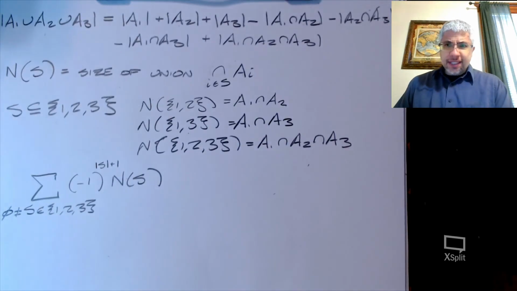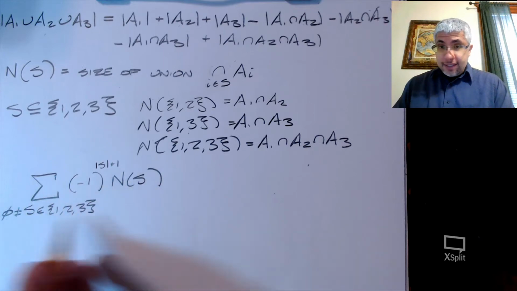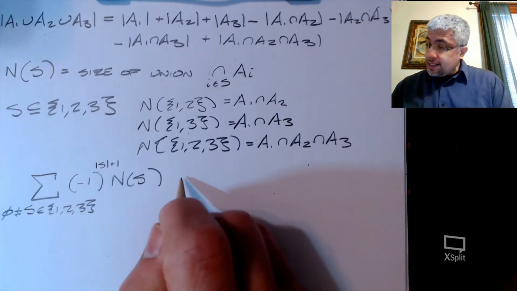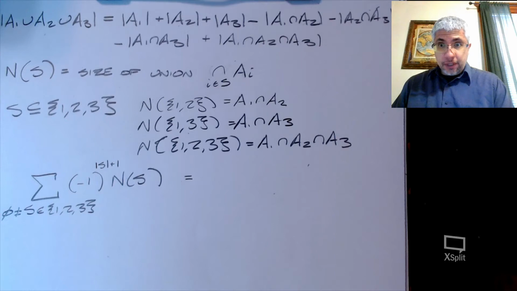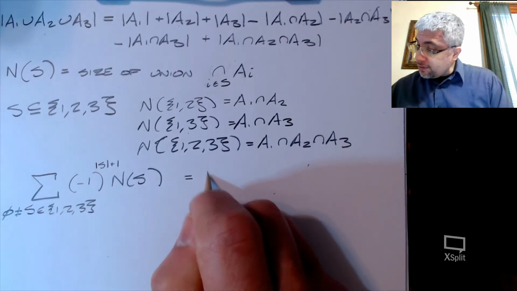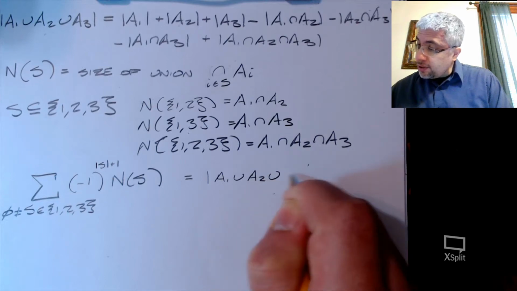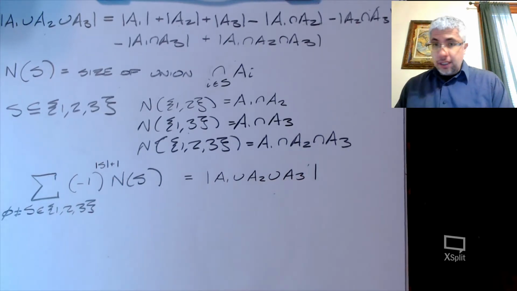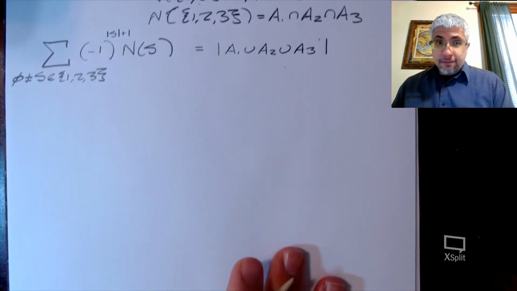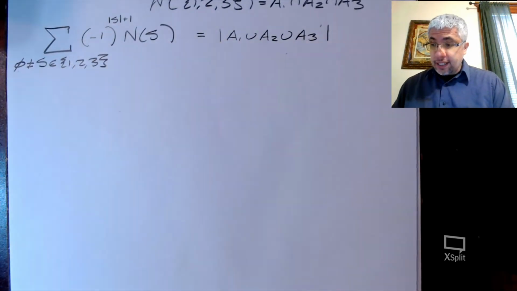I could have also said size of S minus 1. And what is this equal to? Well, this is equal to the size of the union, the size of A1 union A2 union A3. Now, of course, this extends to any number of sets once you've written it like this.